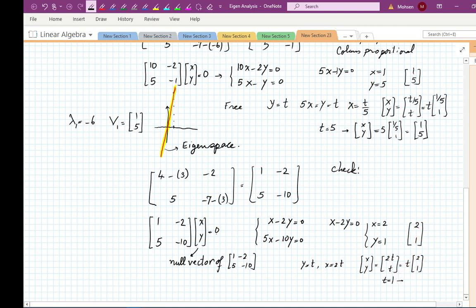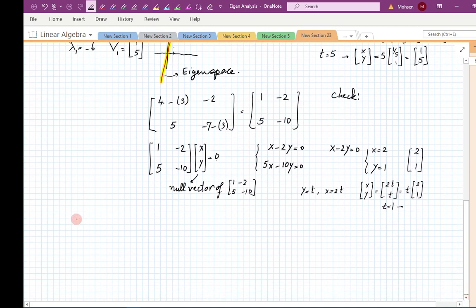So we are handling this thing also quickly. If lambda 2 is equal to 3, well, for lambda 2 equal to 3, v2 became 2, 1. The picture of that is, okay, you go 2 and the 1. This is the Eigenspace.